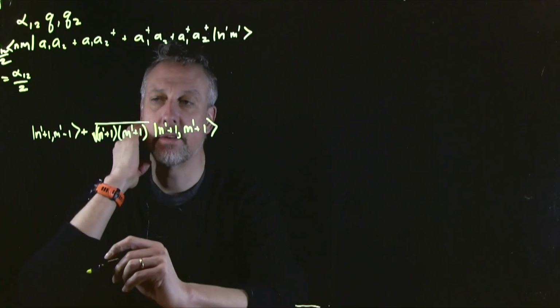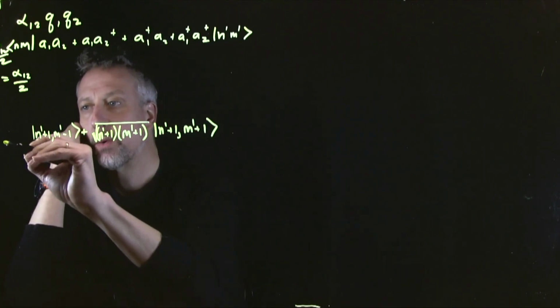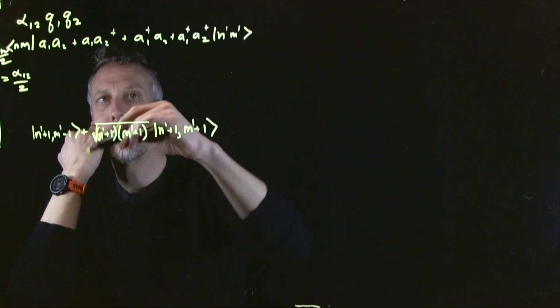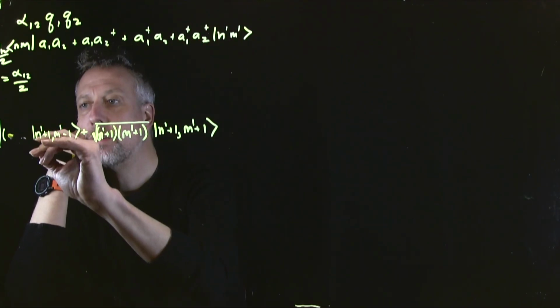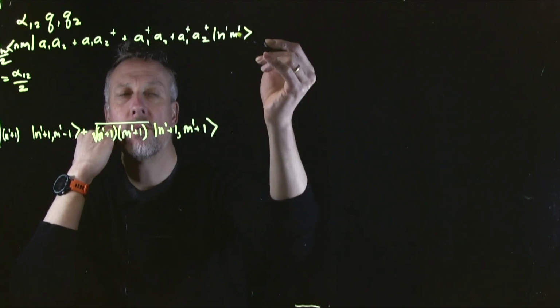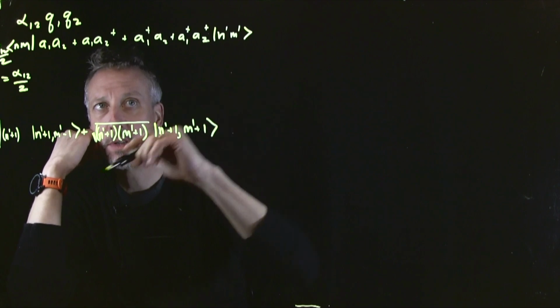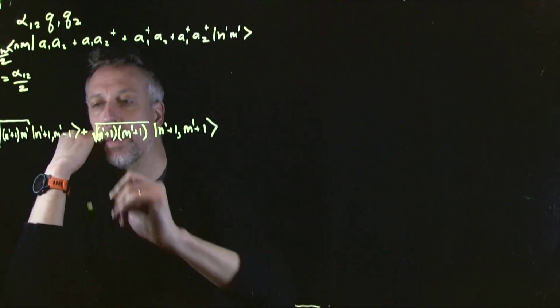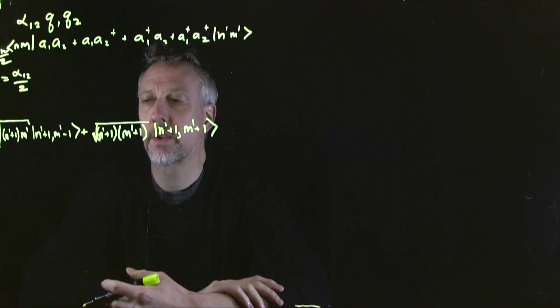That's the new vector. The square roots that we get are, for the A dagger, the one we're going to, so N' plus 1, and for the M', it's the one we started from. Remember, it's always the bigger of the two. All right, that's our multiplicative term for that one.